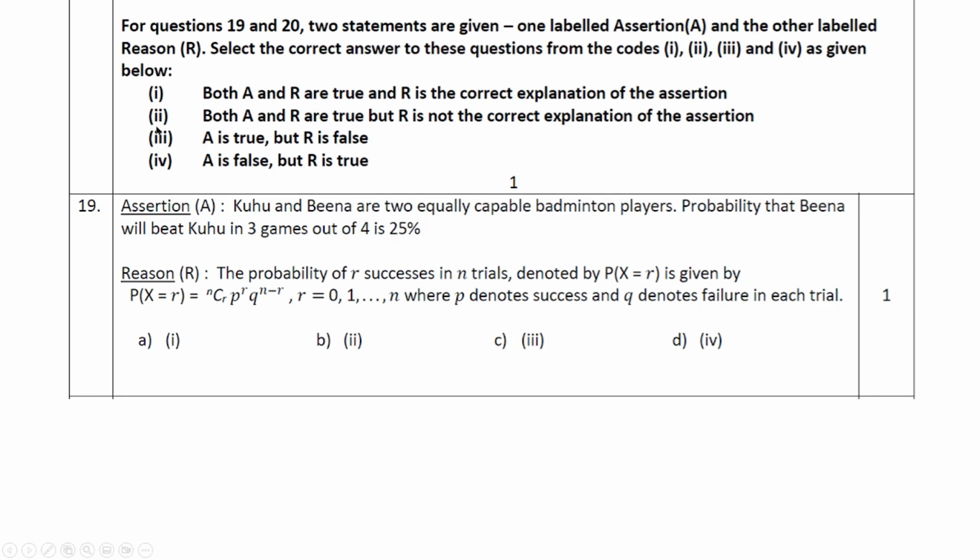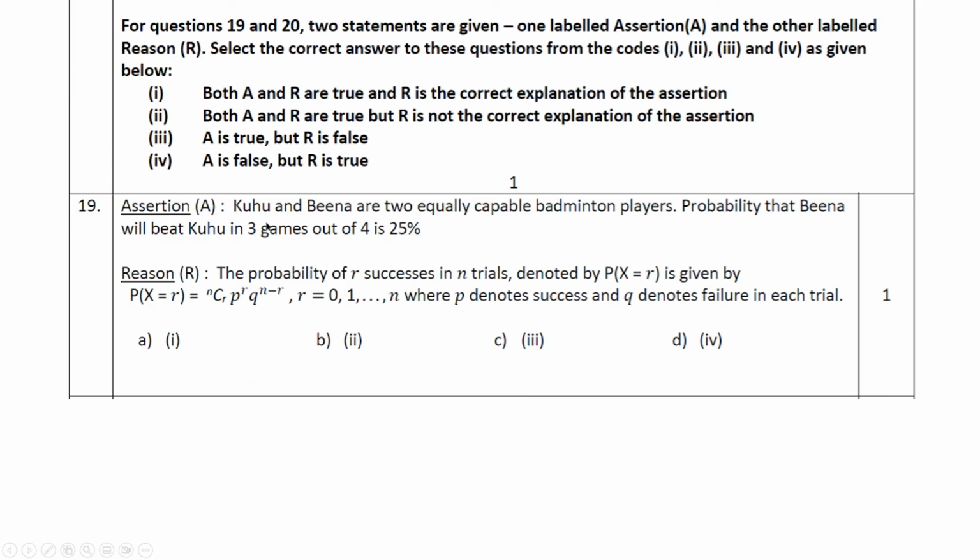Then we have the second subdivision. Here both A and R are true, but R is not the correct explanation of the assertion. The third is A is true but R is false, and the fourth is A is false but R is true. So these are the 4 options which are given.